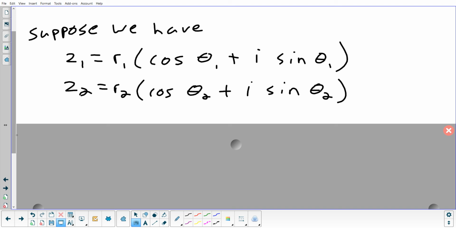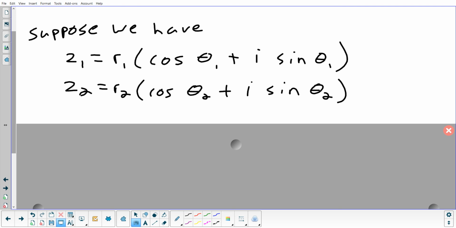So I'm going to show you the formula that you can use to multiply and divide complex numbers. Let's assume you get two complex numbers in polar form. I'm calling the first complex number Z1 and the second one Z2.